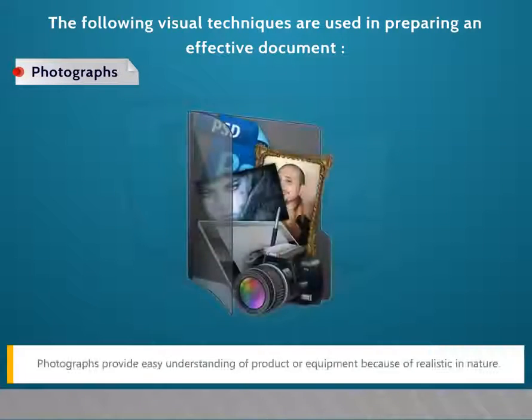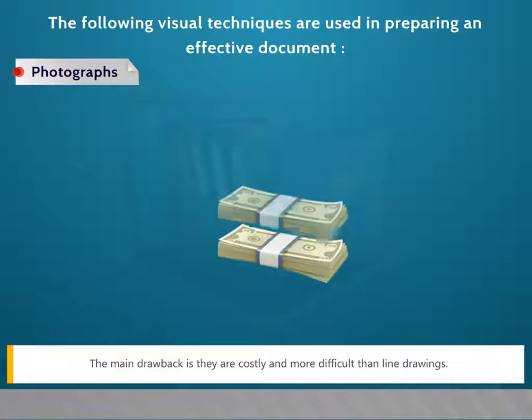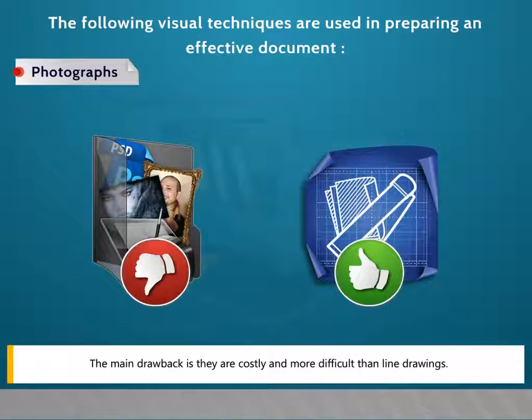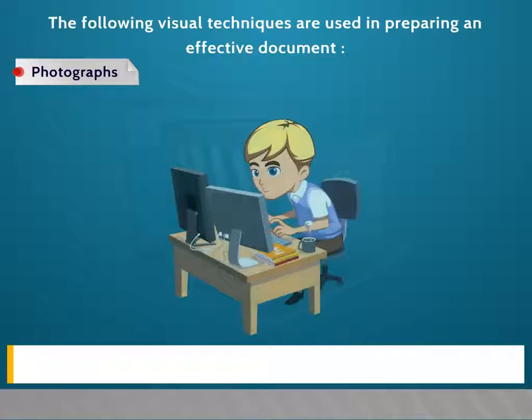Photographs. Photographs provide easy understanding of a product or equipment because they are realistic in nature. The main drawback is they are costly and more difficult to produce than line drawings. Sometimes details photographed are difficult to understand.